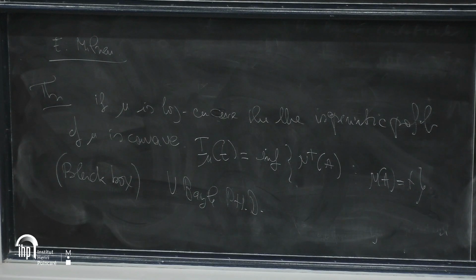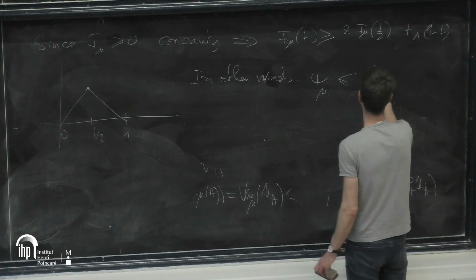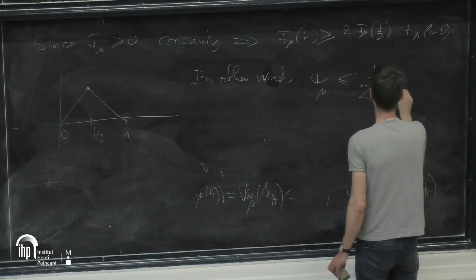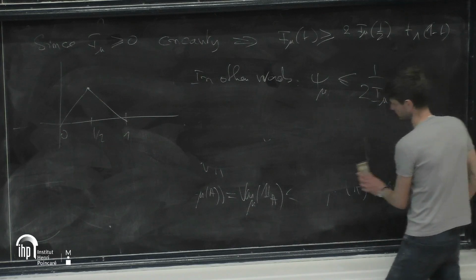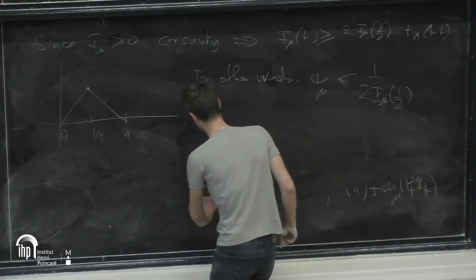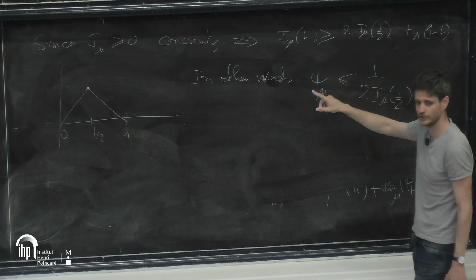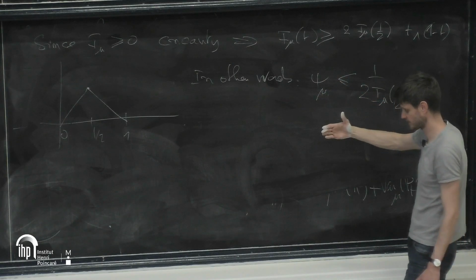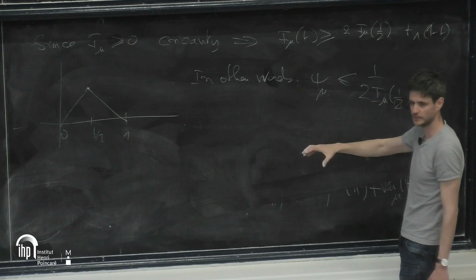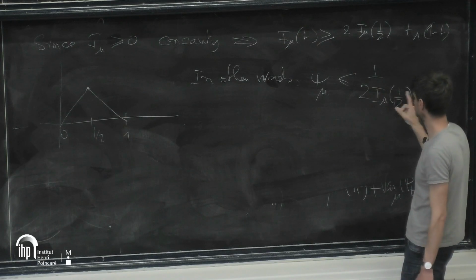In other words, the Cheeger constant of mu is less than 1/2 times the isoperimetric profile at point 1/2, which means that in order to lower bound the perimeter of a set of any measure, you only need to consider sets of measure 1/2.